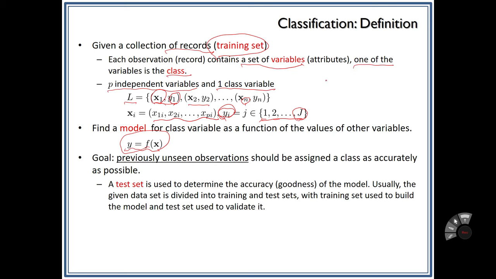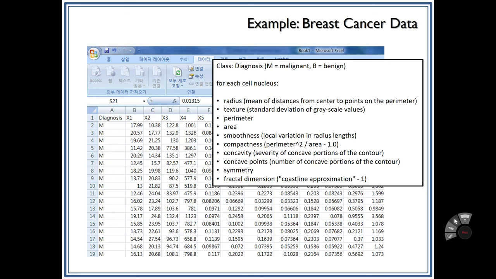So you can think of this kind of structure for a training set. There are n rows and p plus 1 columns, and among those, p columns are x variables, and one column is for the y variable.